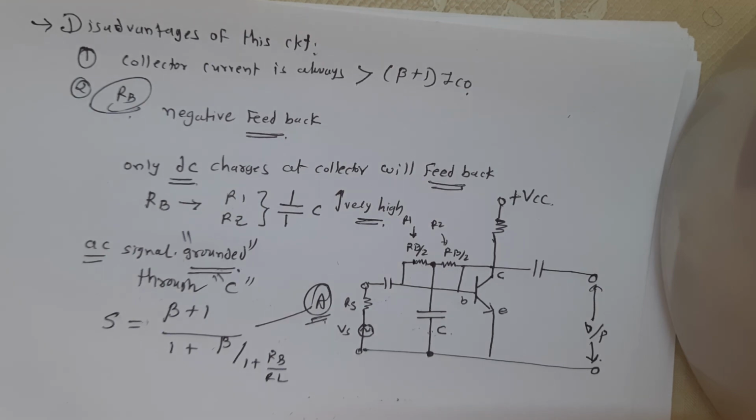Hence, the value of RL should be quite large for good stabilization. Second point: hence the collector to base bias arrangement is not satisfactory for amplifier circuits where the DC load resistance in the collector is very small, that means in the case of the transformer coupled amplifier.